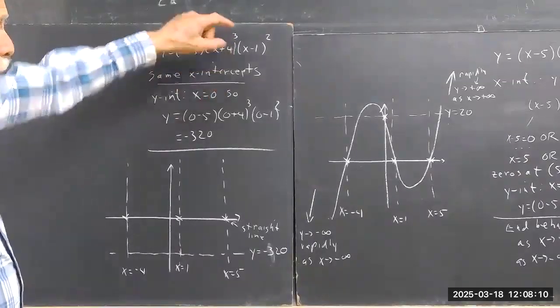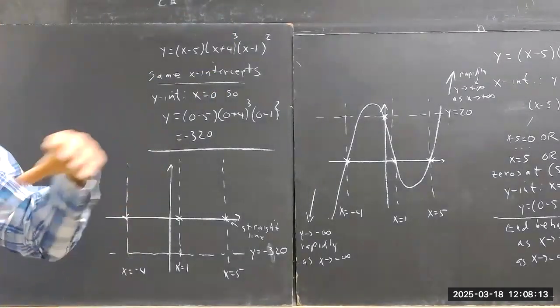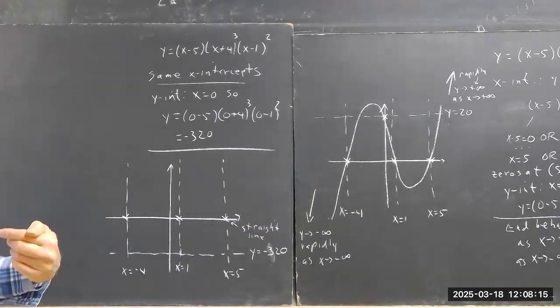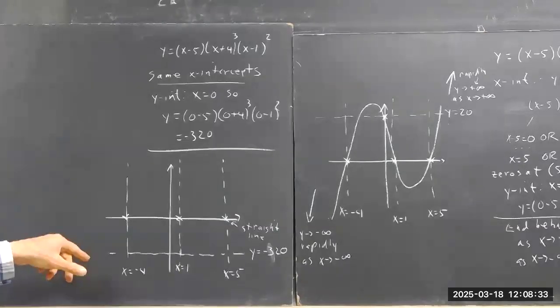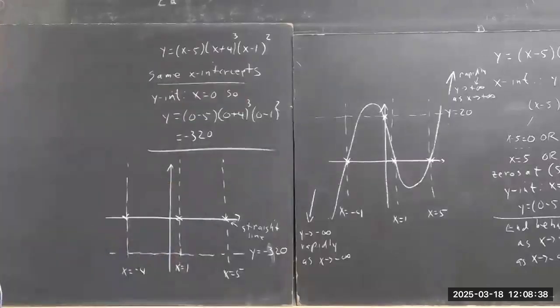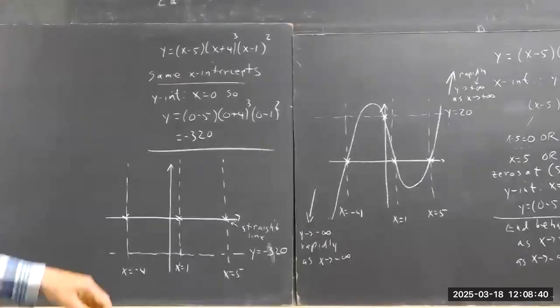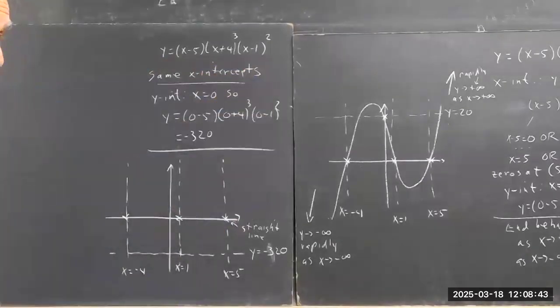Okay, what about x plus 4 cubed? That means we take y equals x cubed and shift it 4 units to the left. Whether we're multiplying that by a positive or negative number depends on what this and this are, so you don't have to worry too much about that.